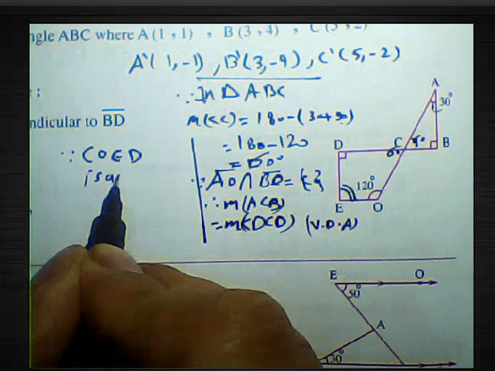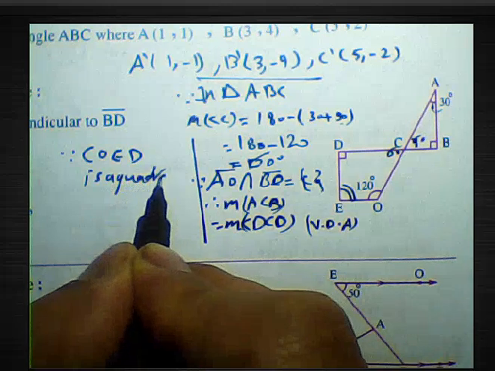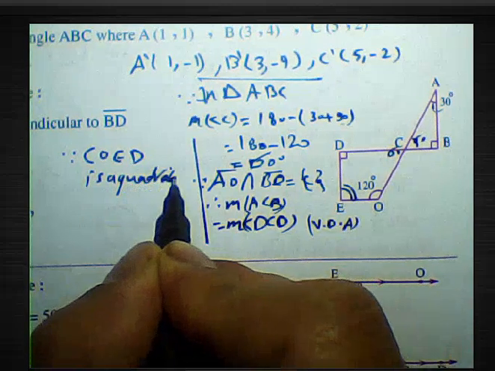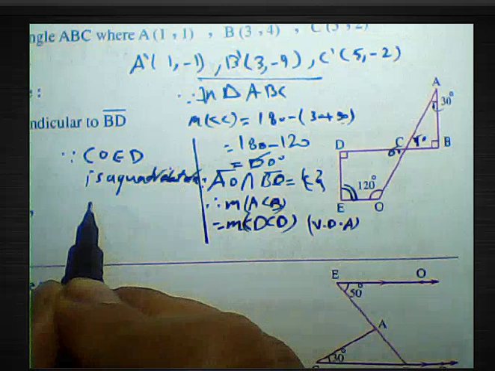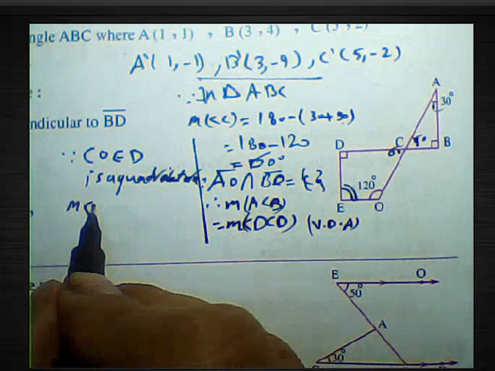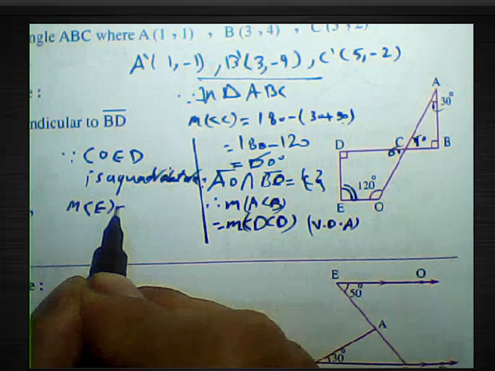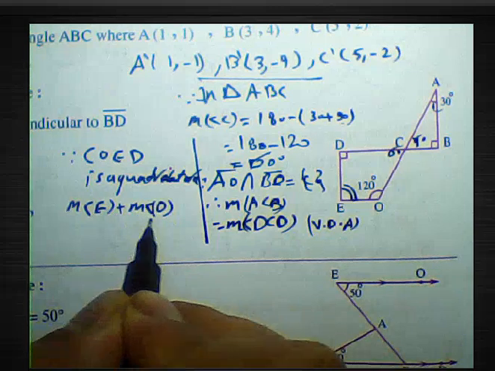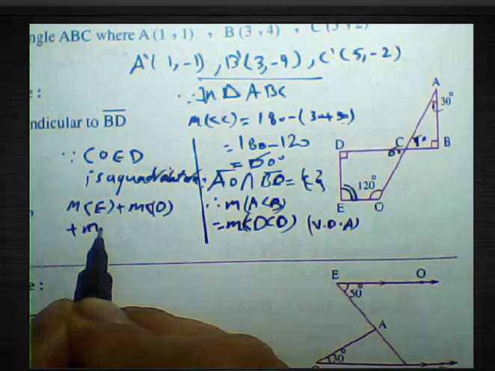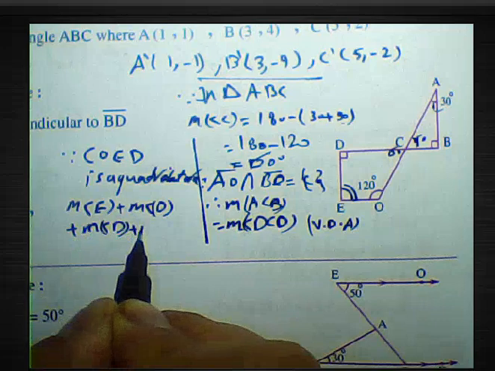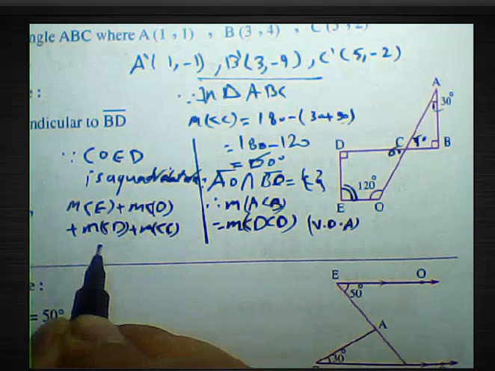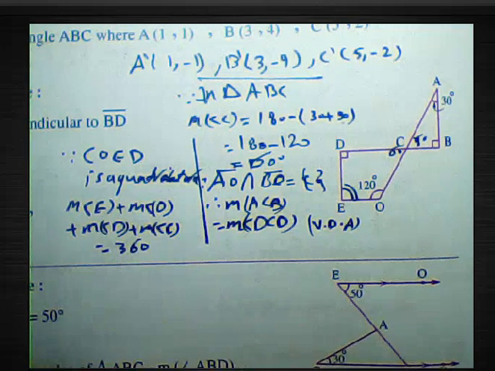You can find the measure of angle E in the quadrilateral, such that COED is a quadrilateral. Then the measure of angle E plus angle O plus angle D plus angle C equals 360.